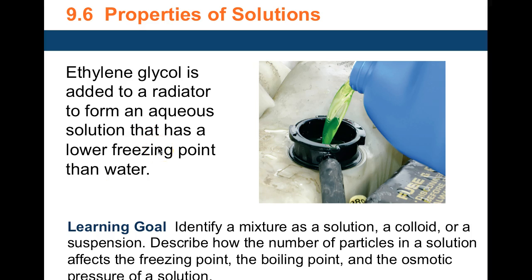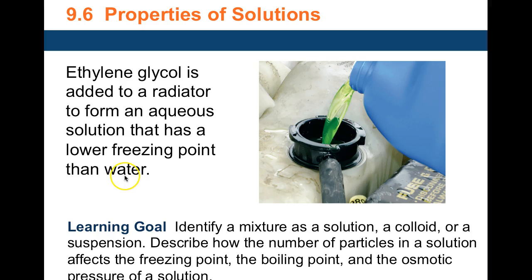Section 9.6, the last section, deals with what are called colligative properties. All right, that is, when you have some impurity in a pure solvent, then what happens to that solvent is either the boiling point is increasing or the freezing point gets lowered.